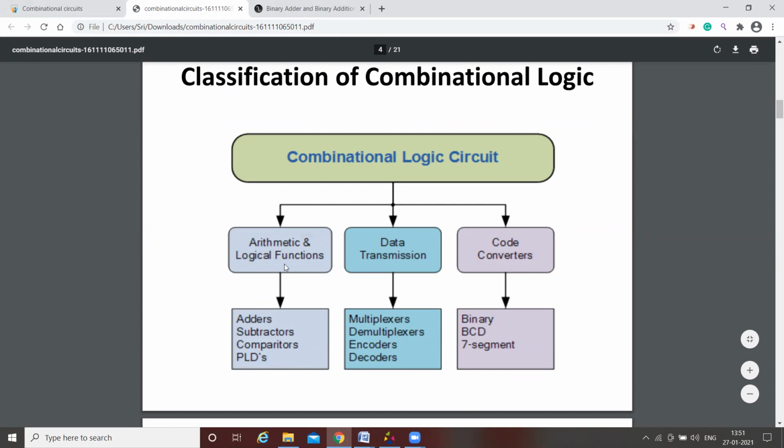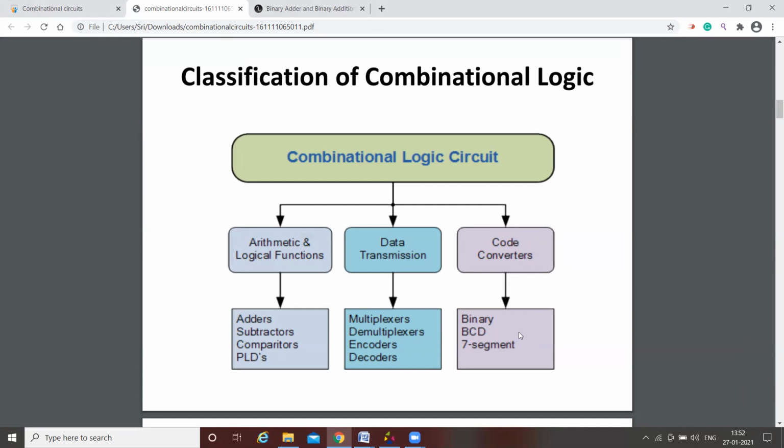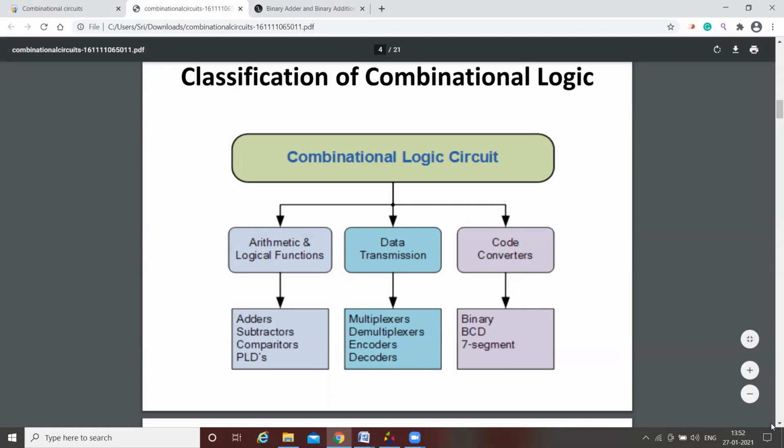Circuits used for data transmission are multiplexers, demultiplexers, encoders, and decoders. Code converters also come under combinational circuits, and their output depends only on the present input. Examples are binary converters, BCD converters, and 7-segment displays. All of this is very important.